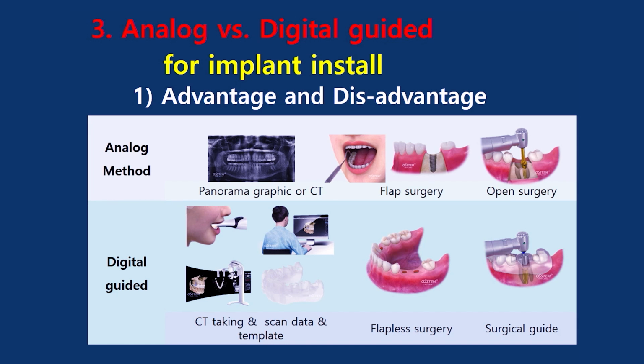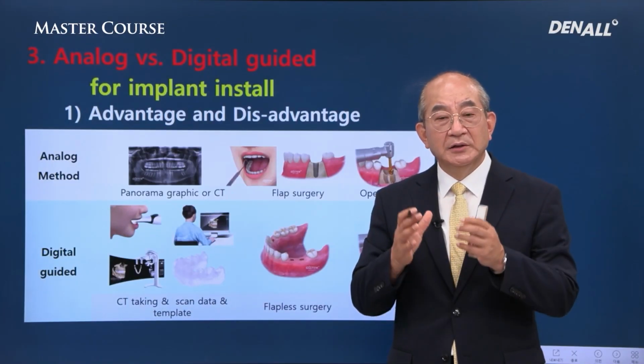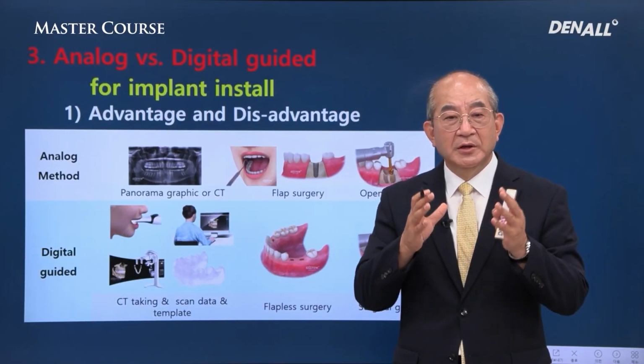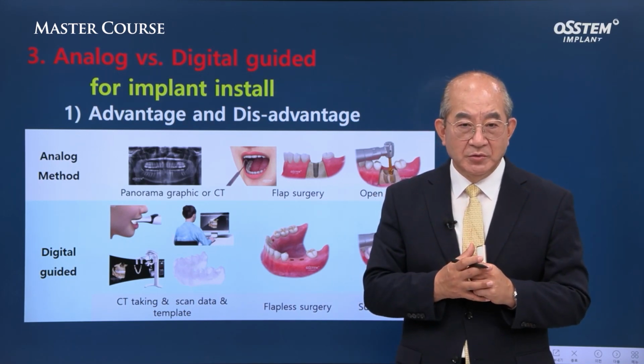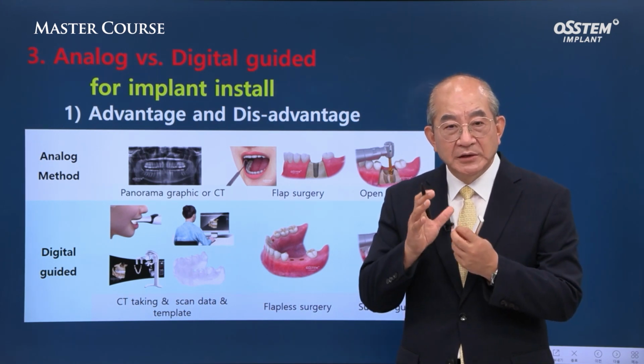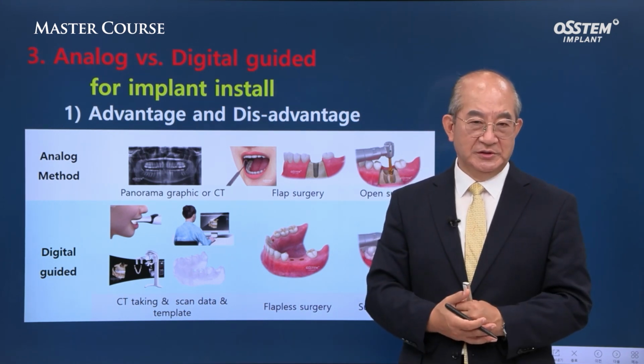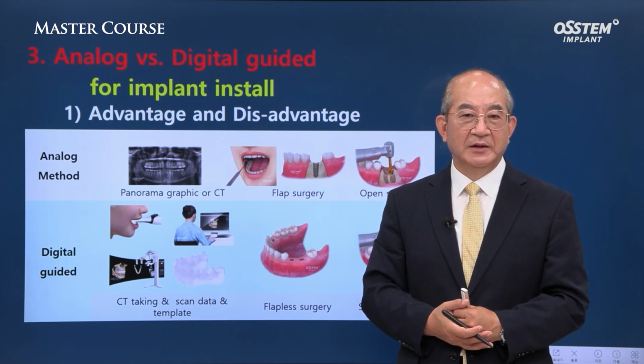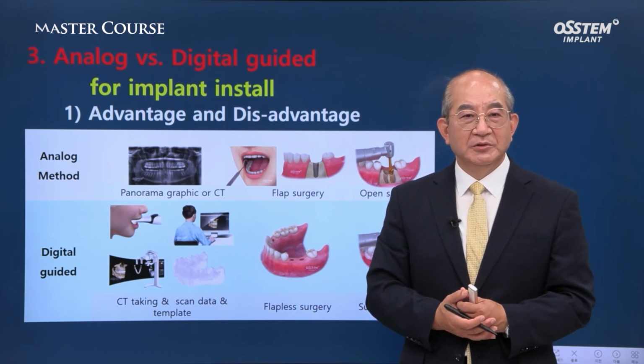On the other hand, if you use digitally driven implant treatment, because you have already planned the position of the crown and placement positions are formed, you can accurately place the implant and get the expected result. If you use a surgical guide, in most cases, you can do flapless surgery and reduce treatment time. You can get accurate results and surgical time will be reduced.